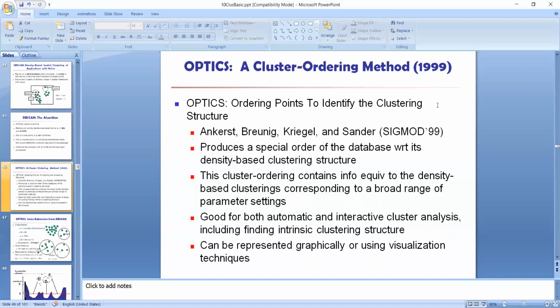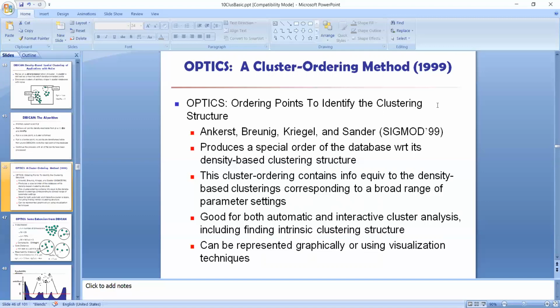One term that is associated with OPTICS is core distance. The core distance of an object P is the smallest epsilon value which makes P a core object. In the previous case, DBSCAN, we had to give epsilon and minimum points.